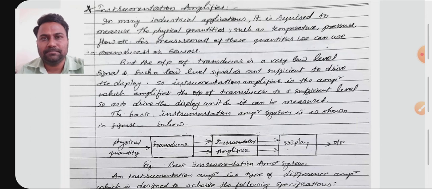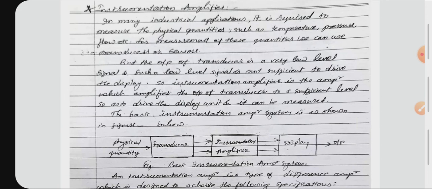So an instrumentation amplifier is the amplifier used in the industrial applications to amplify the output of transducers and sensors. In many industrial applications, it is required to measure physical quantities such as temperature, pressure, flow. For the measurement of these quantities, we can use sensors and transducers.